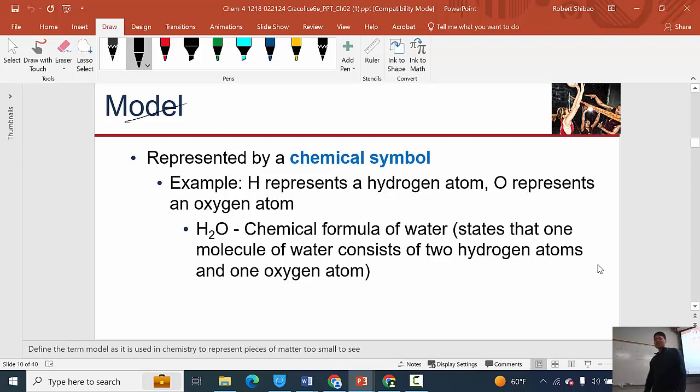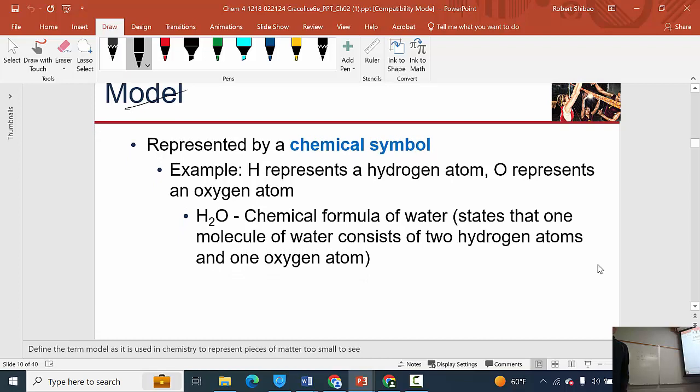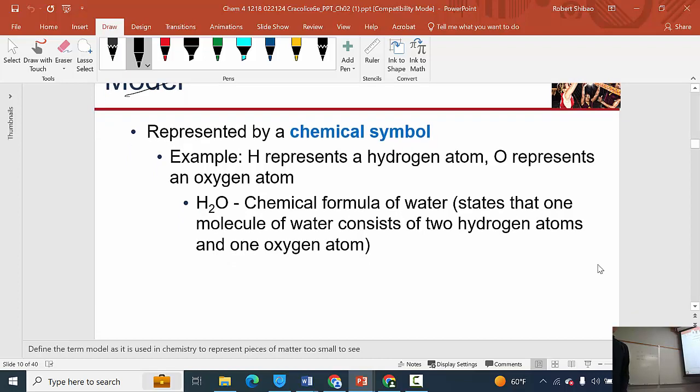That's percent by mass. Percent by atom, it would be 67% hydrogen, 33% oxygen, or H2O, 2/3 hydrogen, 1/3 oxygen. So there are different ways of representing the composition, but the easiest is using atoms, Dalton's atomic theory.